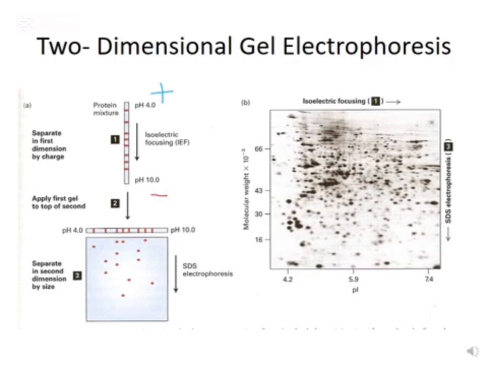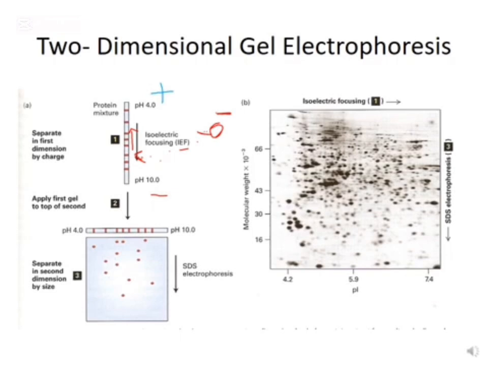As you know, all proteins have a deprotonated and a protonated state. So let's say if they have an O group at its end, that is going to give it a negative charge. So this protein, if it's added here, has a negative charge. It's going to move towards the positive end.